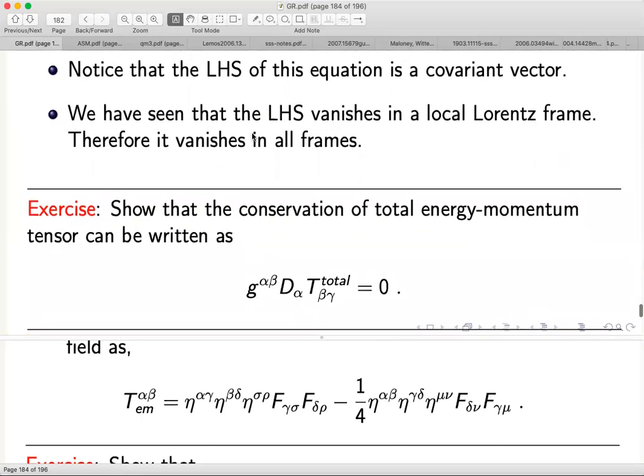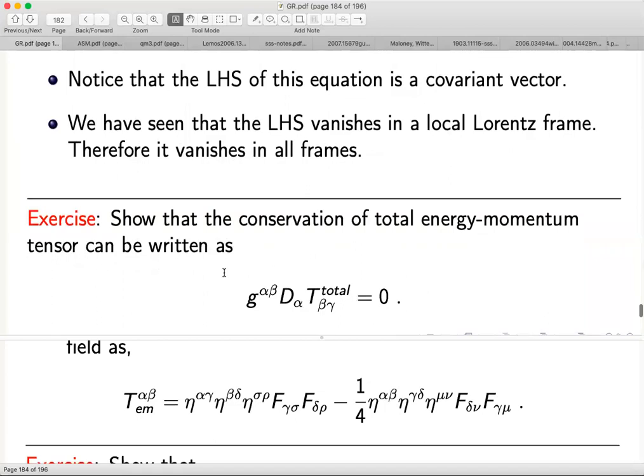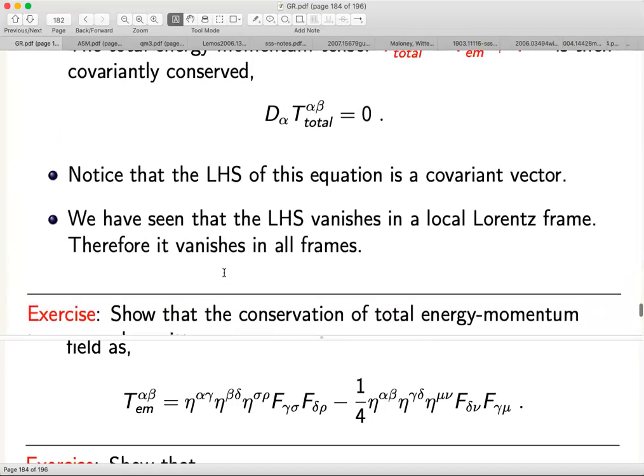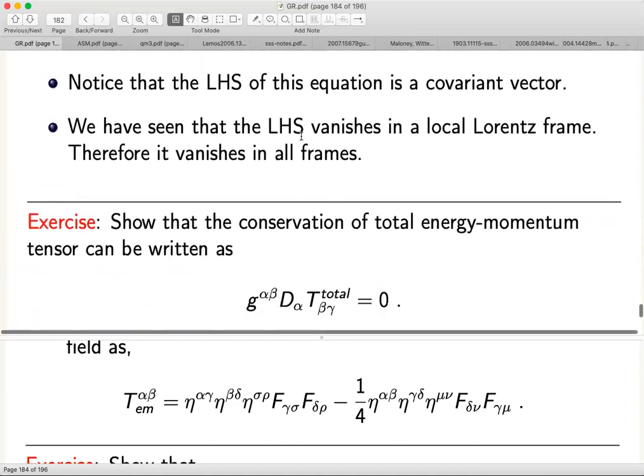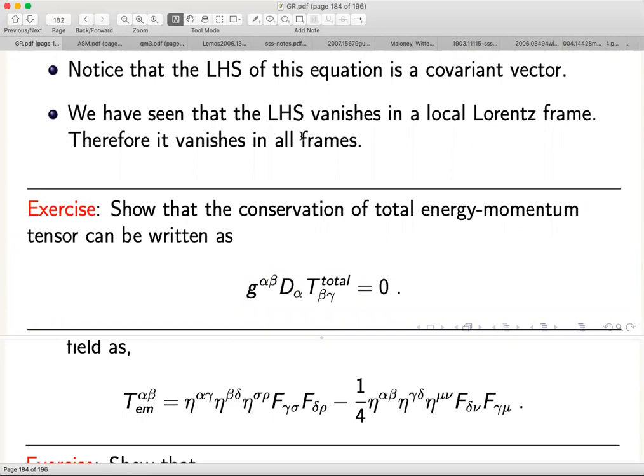So here's an exercise where you show that the conservation of the total energy momentum tensor can be written in this particular form. It requires some jugglery with the indices. You know that the indices can be raised and lowered using the metric. It's an easy exercise.